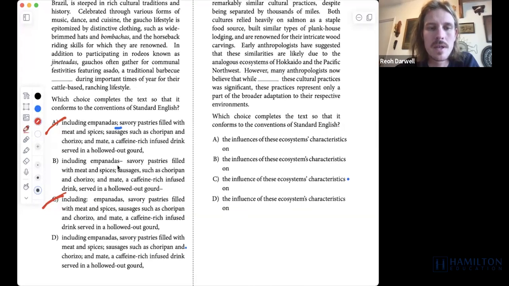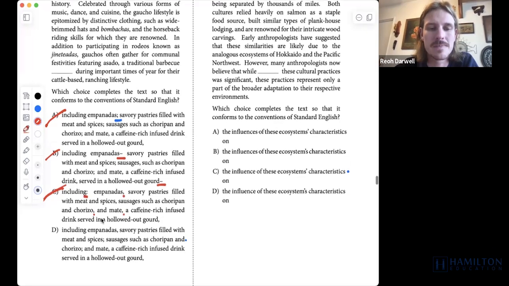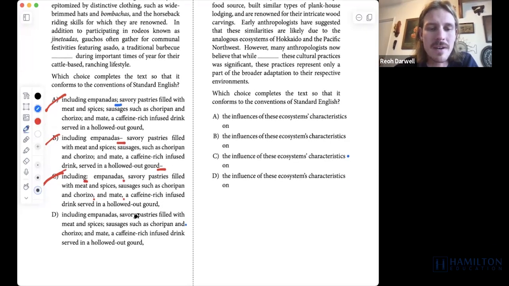B, we are suggesting that we have a non-essential phrase from savory pastries to gourd, but that all is essential to the list as we have it. C we know is wrong because these commas are what separate our items, and we also have this colon up here that is unnecessary. So why is D correct?